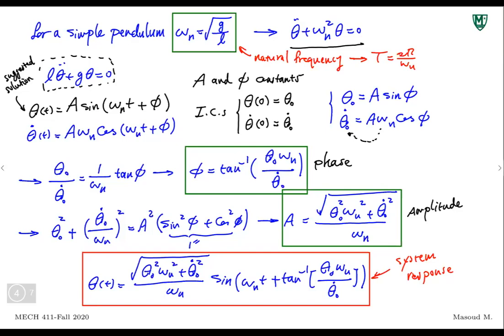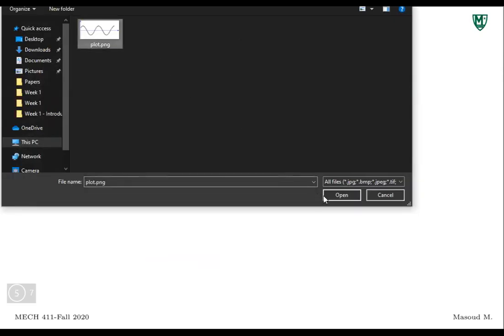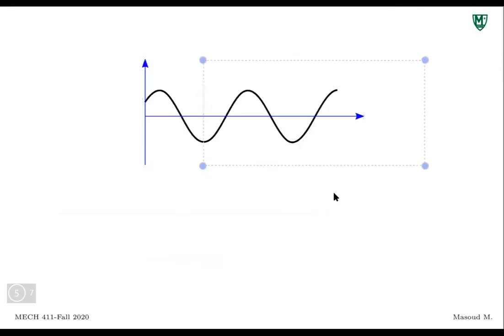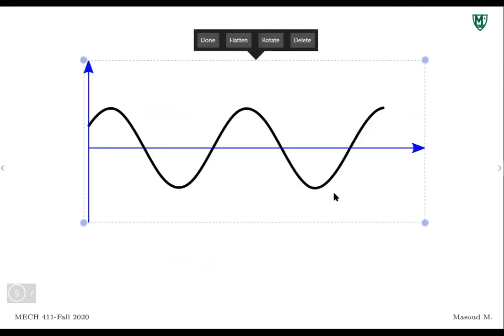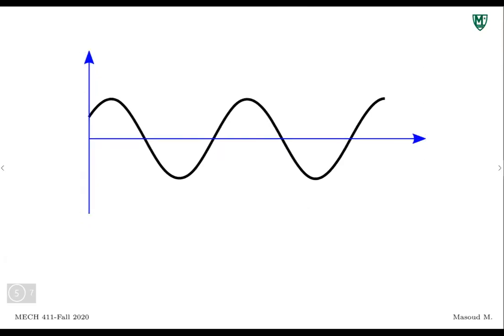But if I plot this, I already put together a general plot so I can do things on top of it. There you go. Now, if I plot this function, the system response, this is what we're going to get. This would be theta of t, and this would be the time axis, in seconds. Theta of t is in radians.